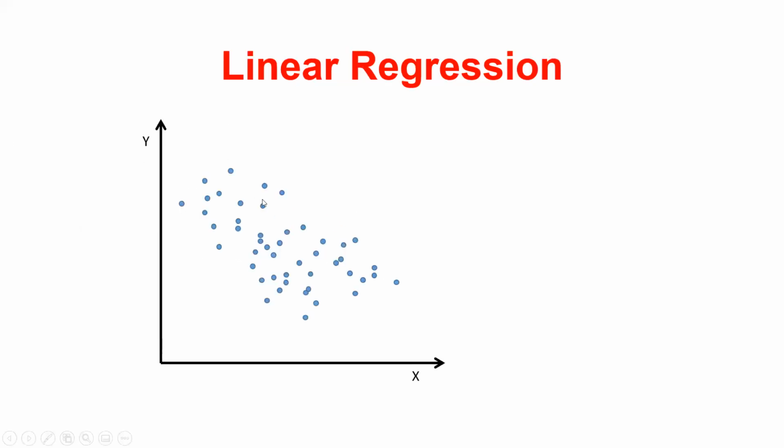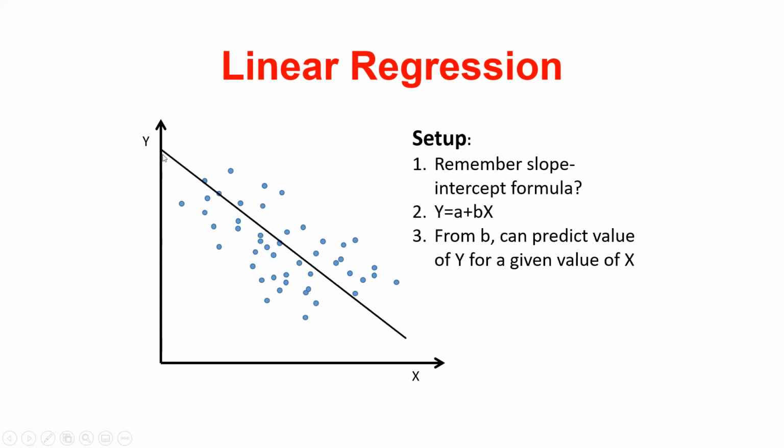So we can think about it as we had a bunch of data and we just created a scatter plot. If we draw a line of best fit through that data, that line is going to have an intercept value a, right? And then the slope of that line will be the value for b.